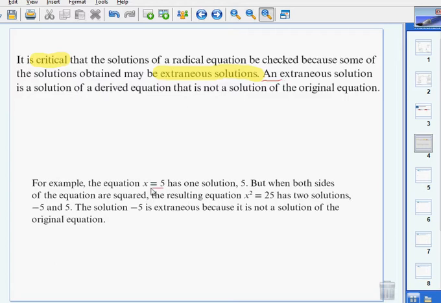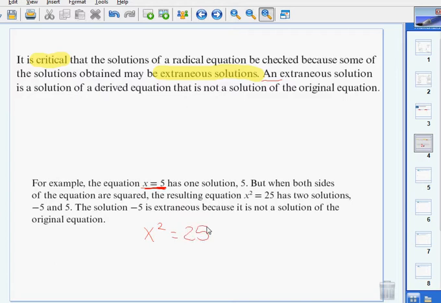Here's an example of this. If you start with x equals 5, that's like your original equation. Now let's square both sides. You'd get x squared equals 25.